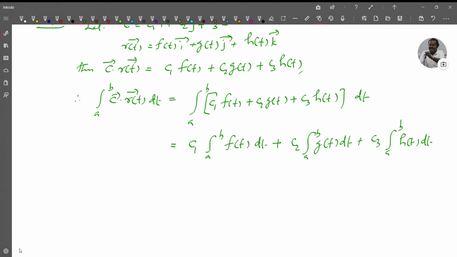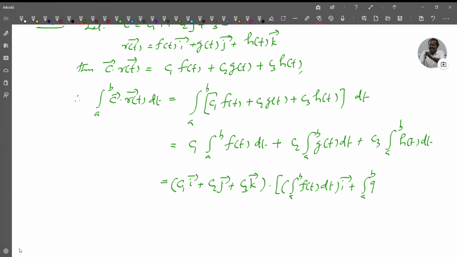This is equal to C1 i plus C2 j plus C3 k dot the integral from a to b of f of t dt i plus the integral from a to b of g of t dt j plus the integral from a to b of h of t dt k.